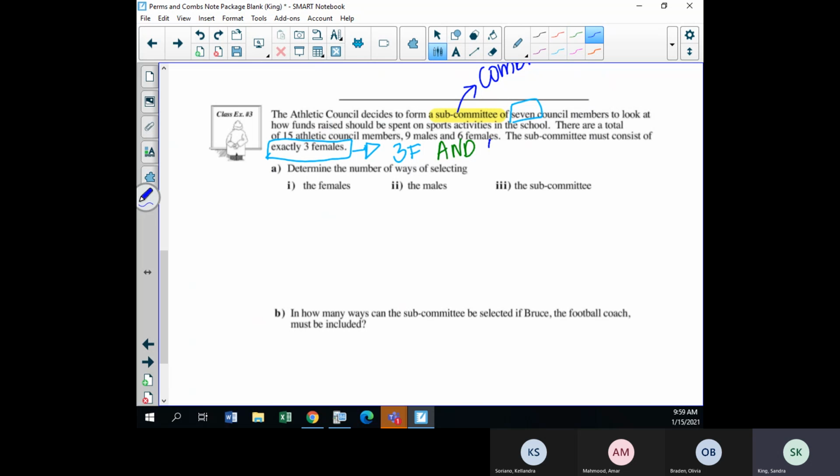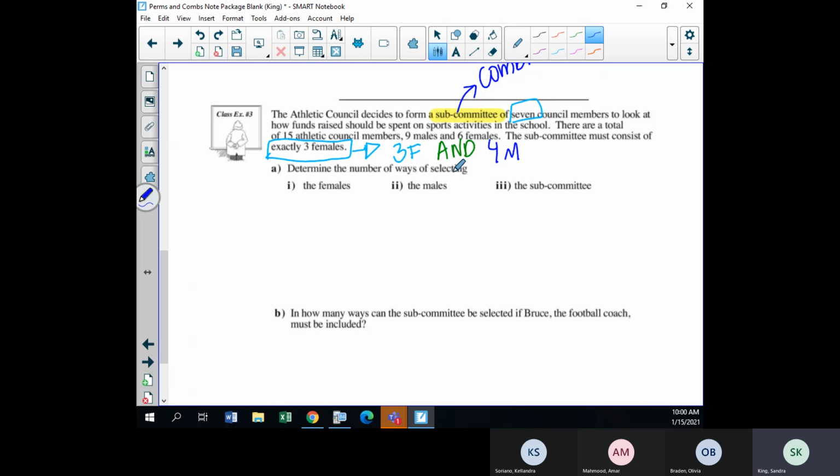So 3 females and 4 males. If they need a 7-member subcommittee and exactly 3 females, that means 3 females and 4 males. Now, determine the number of ways of selecting.